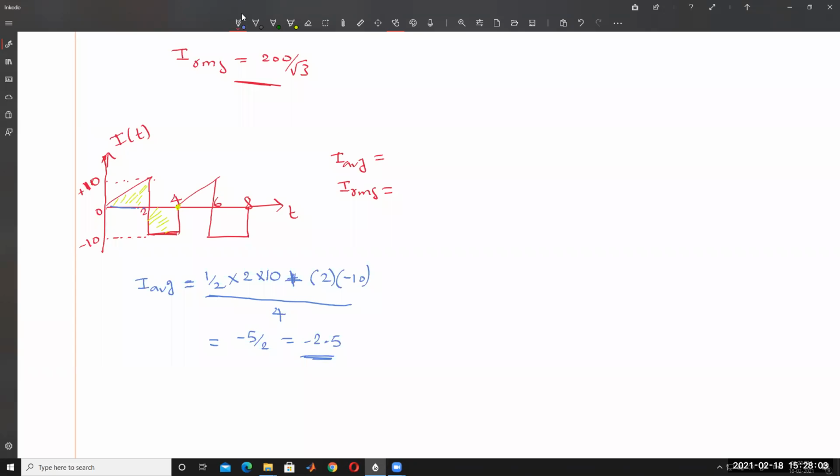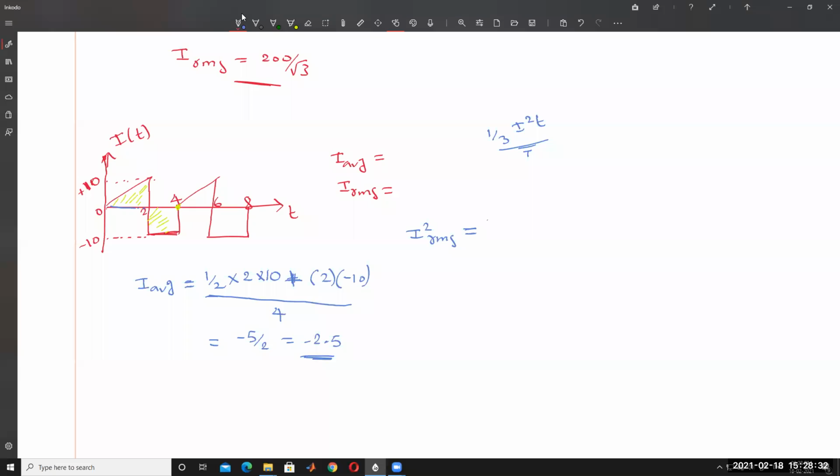Then how to find I RMS? I RMS squared is equal to: first this is triangular, triangular or sawtooth. So what is that formula? 1 by 3 into I squared into T divided by the total time period.